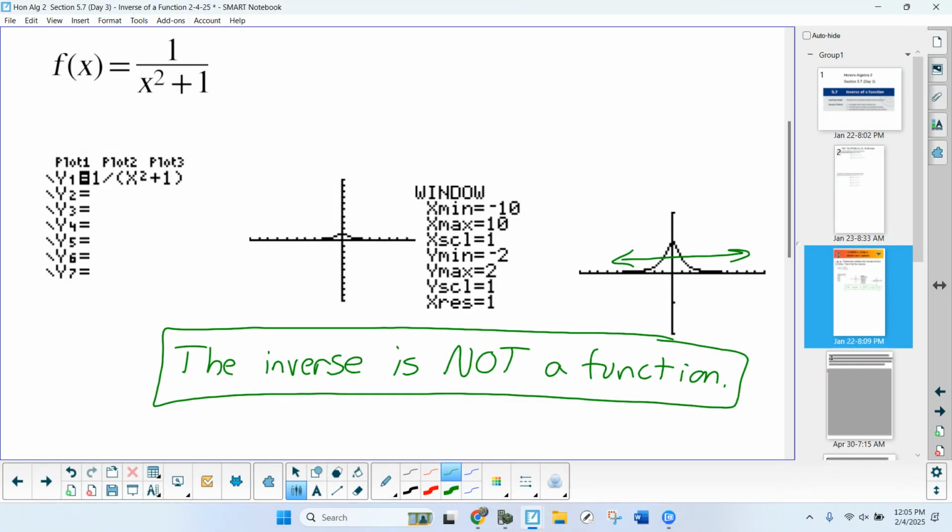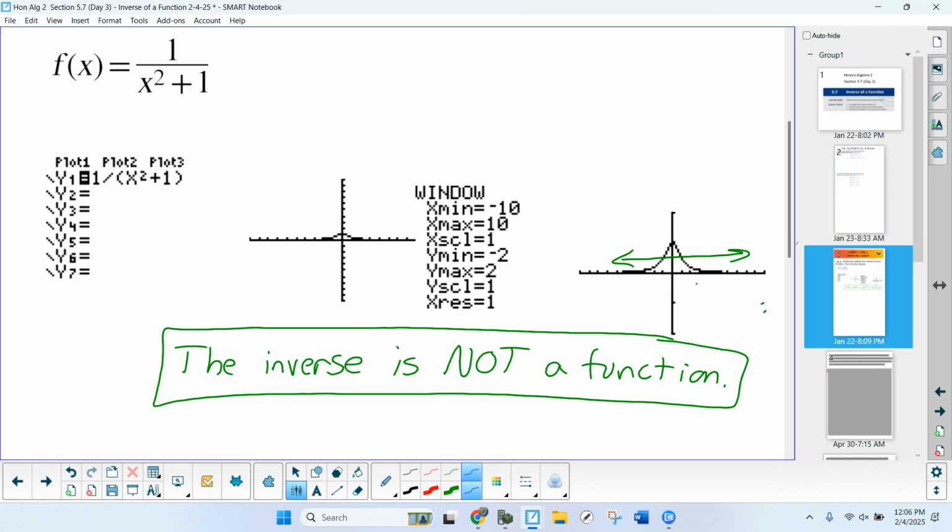So I graphed the original function on my graphing calculator. Does it pass the horizontal line test? If not, the inverse will not pass the vertical line test, so it's not a function. If it does pass the horizontal line test, then the inverse will pass the vertical line test, which means it is a function. Make sense? Okay. Anybody else?